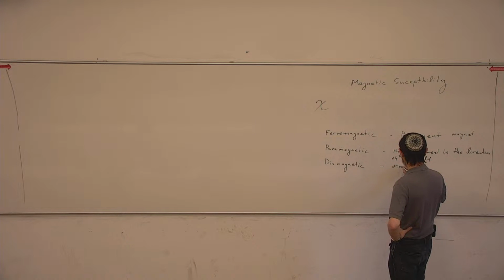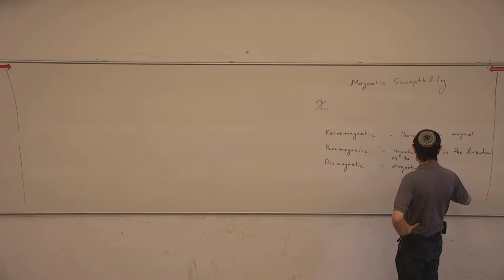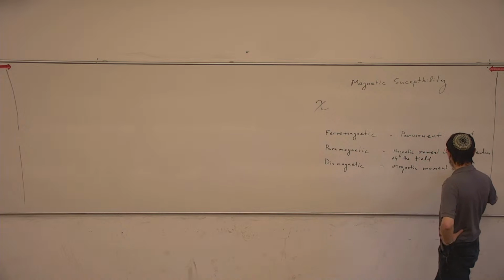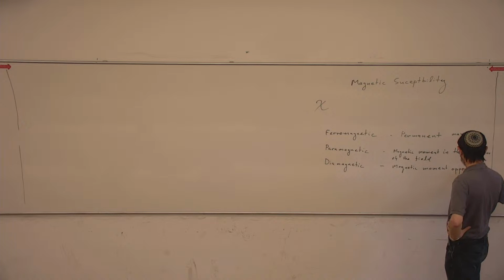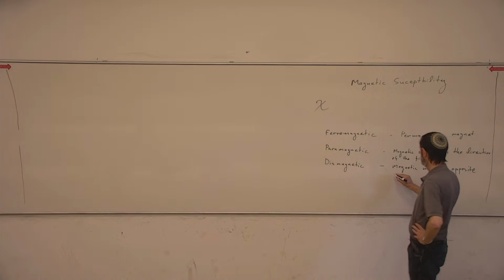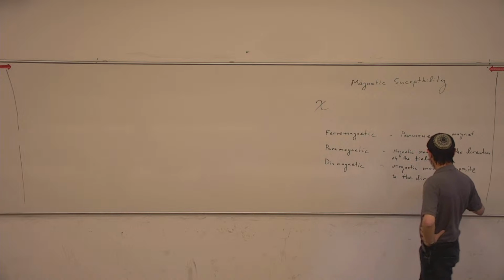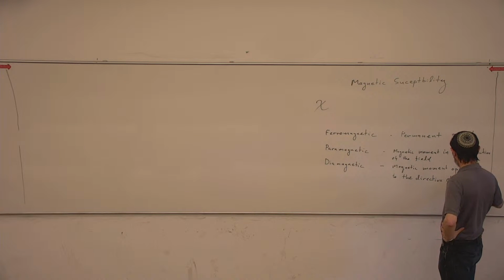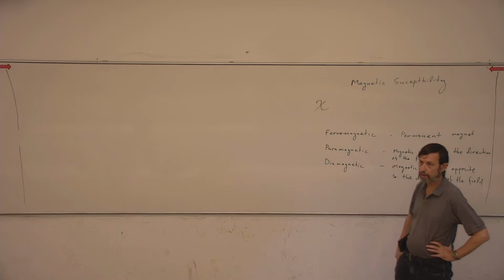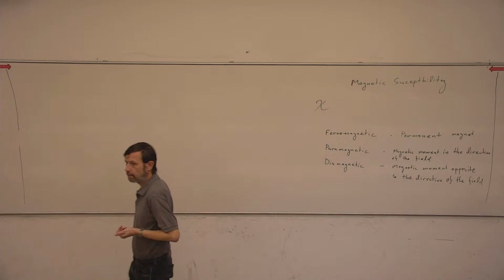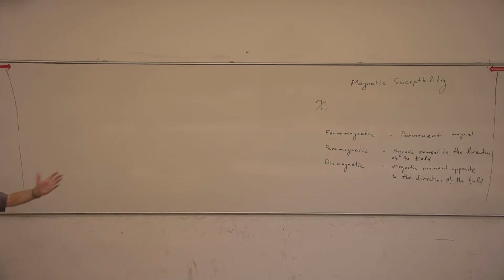And diamagnetic, opposite. In both cases, the paramagnetic and diamagnetic, you shut down the magnetic field, no more permanent magnetic field.